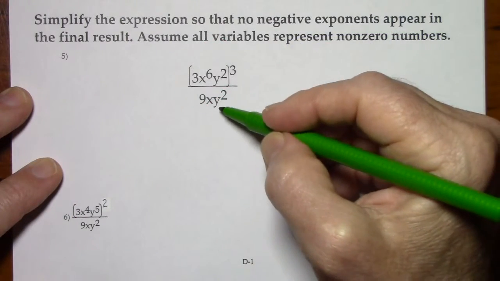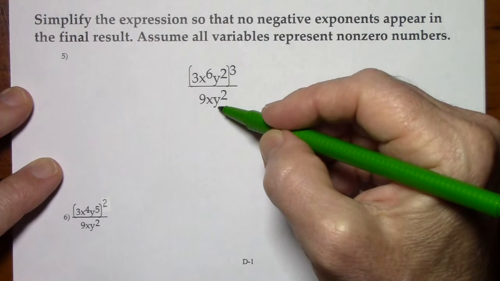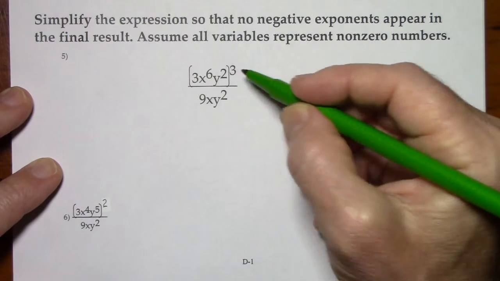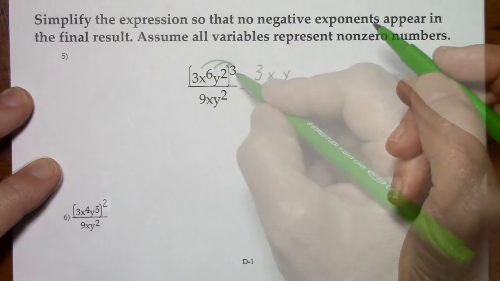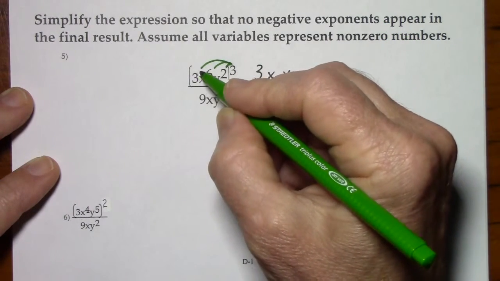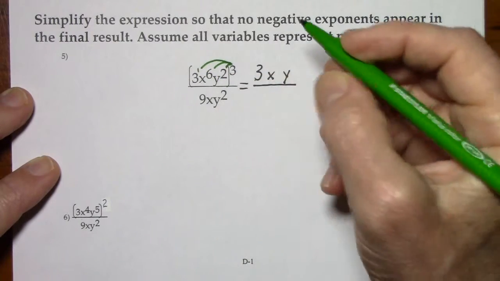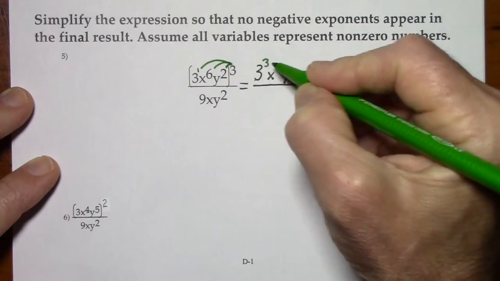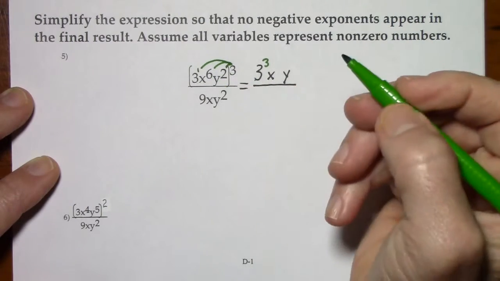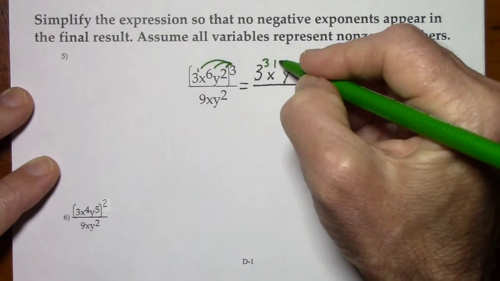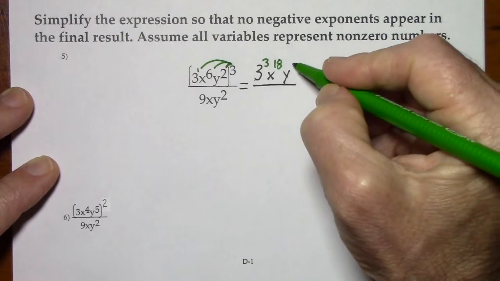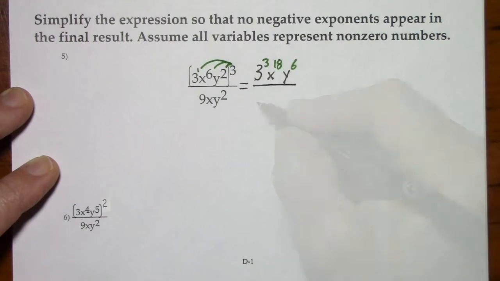Looking at this one, we can't just cancel out y squared and y squared because in the numerator, everything is to be raised to the 3rd power. So this exponent of 3 multiplies this exponent of 1, giving you 3. 3 multiplies 6, gives you 18. 3 multiplies 2, gives you 6.